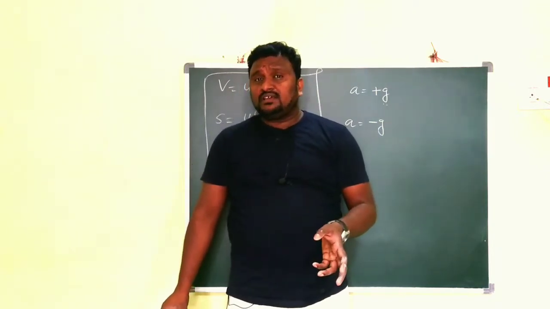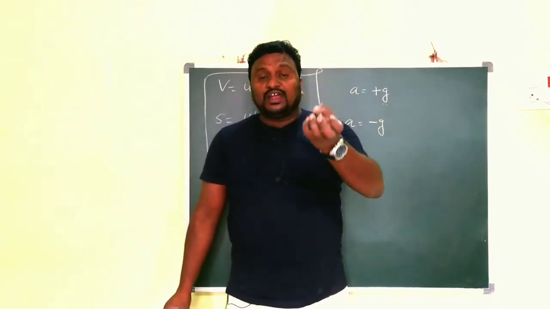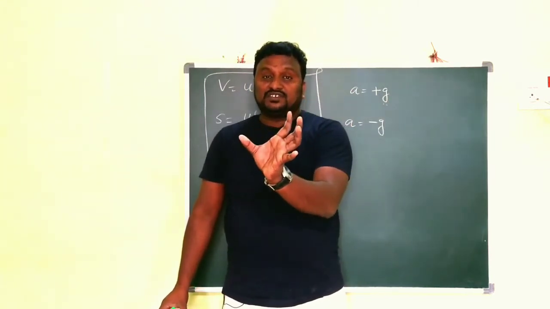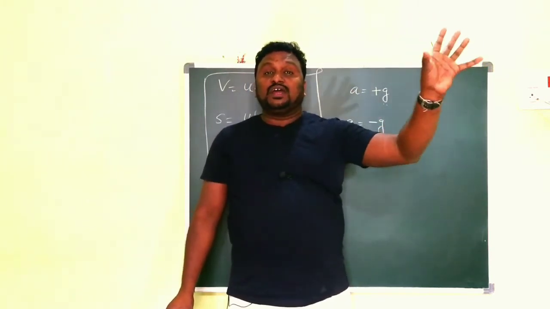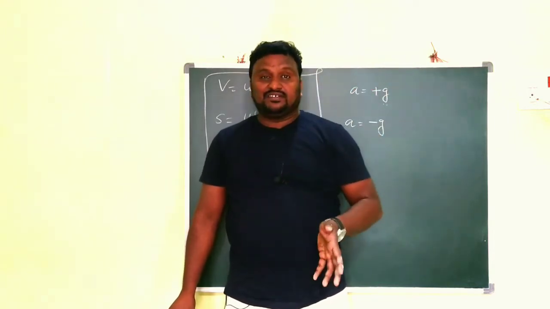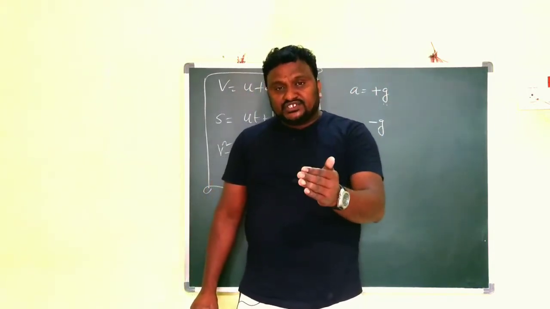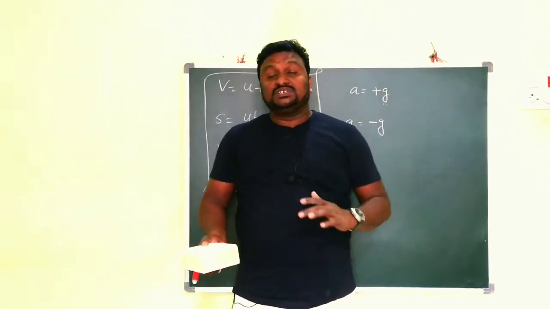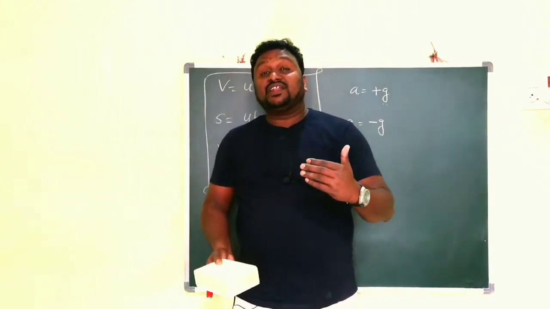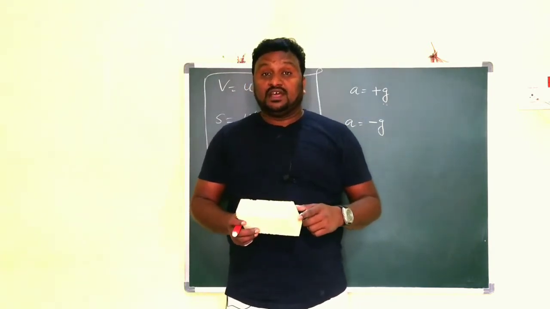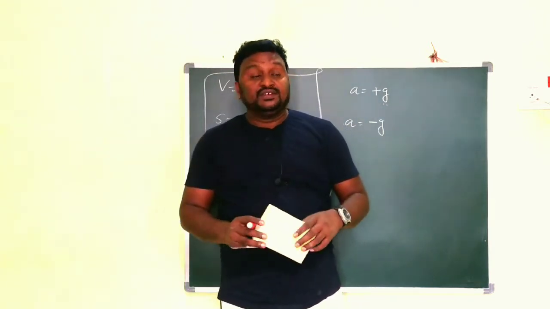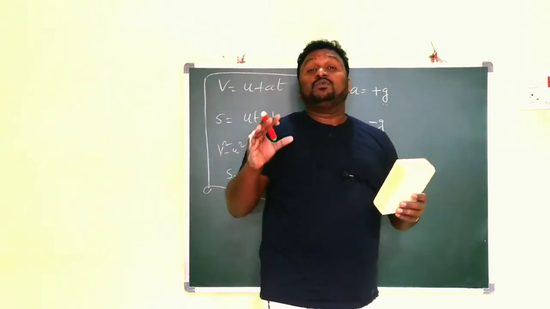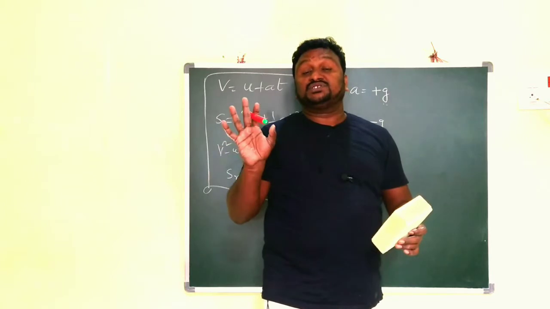What is meant by gravity? A force of attraction. The force of attraction of the earth is called gravity. That means the acceleration produced in a body due to the gravitational force is what we call acceleration due to gravity. So the acceleration is produced in a body only because of gravitational force.